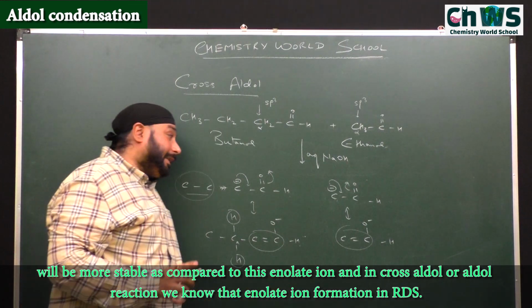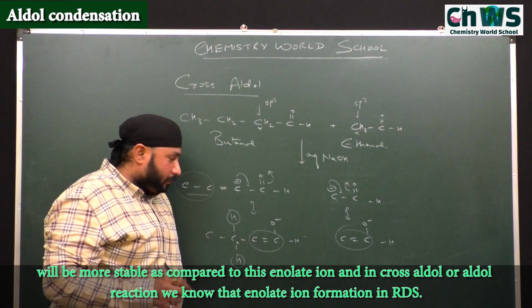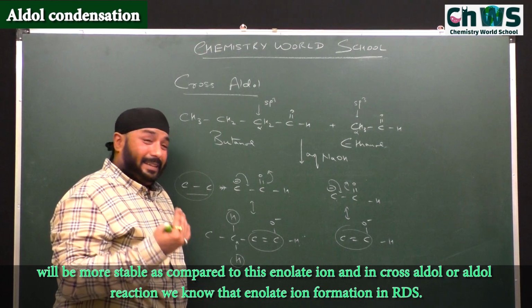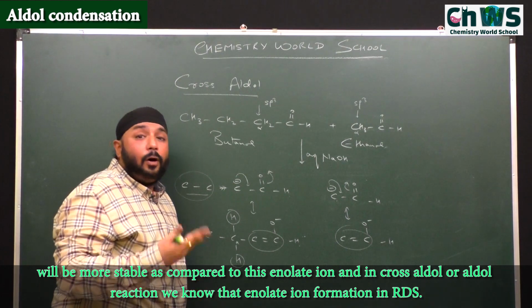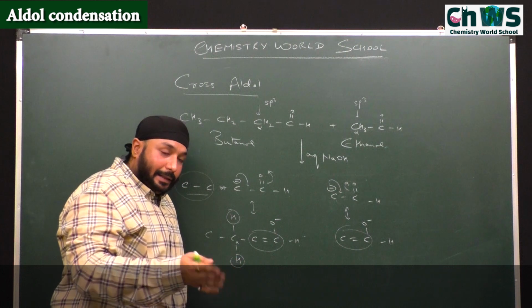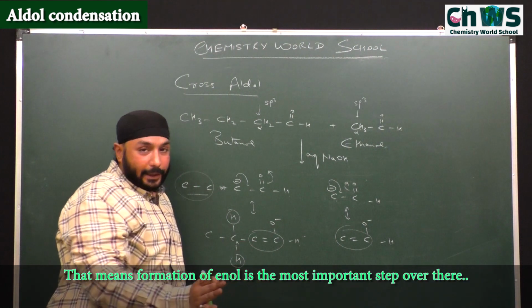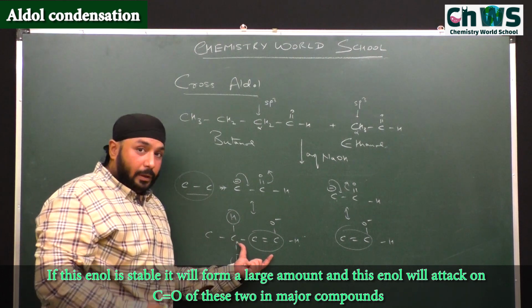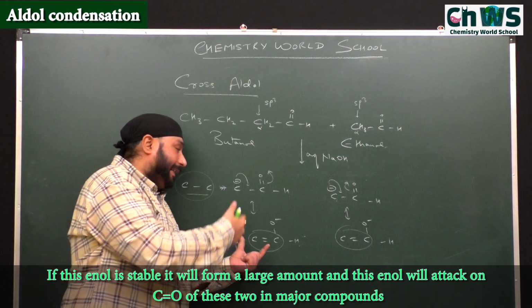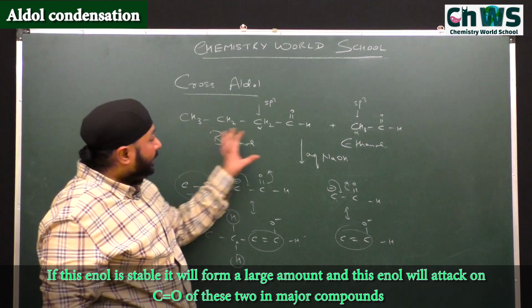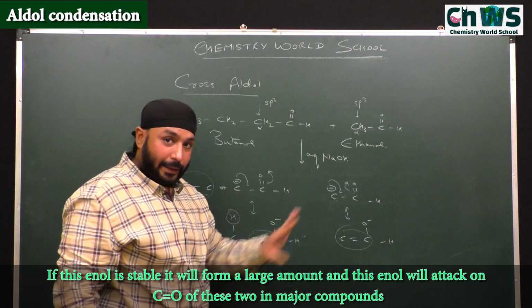And in cross aldol or in aldol reaction, we know that enolate ion formation is the RDS. That means formation of enol is the most important step over there. If this enol is stable, it will form in a large amount and this enol will attack the C=O of these two in the major compound.